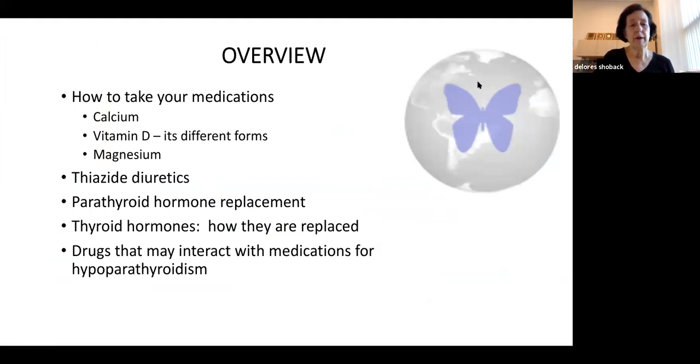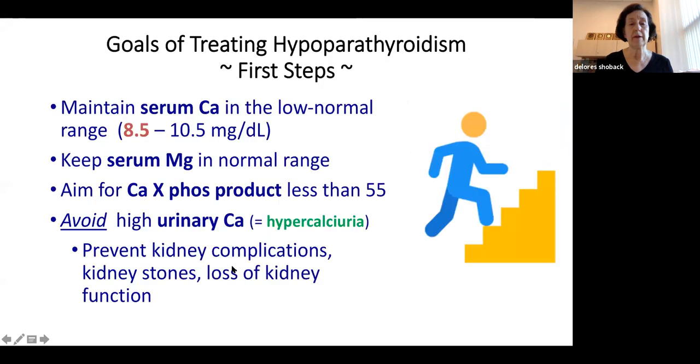So what we're going to talk about are how to take the medications, calcium, the vitamin D forms that people often take, magnesium, mention thiazide diuretics a little bit, mention parathyroid hormone replacement, just one slide, but you're going to have a whole talk on it. I'm going to talk about thyroid hormones just very briefly because so many people with hypopara are taking them and it's important. And then the drugs that may interact with medications for hypopara.